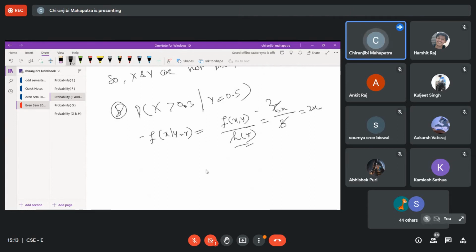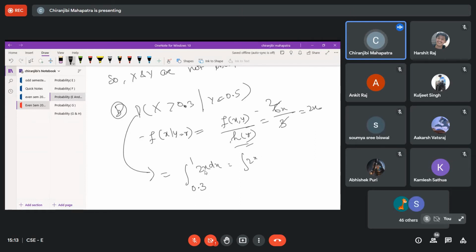Now you have to find out this probability. So f of x given y is equal to 2x. So simply what you have to do is integrate from 0.3 to 1, क्योंकि मैक्सिमम वैल्यू तुम्हारा 1 तक है ना. So integral of 2x dx. So this will be equal to how much?